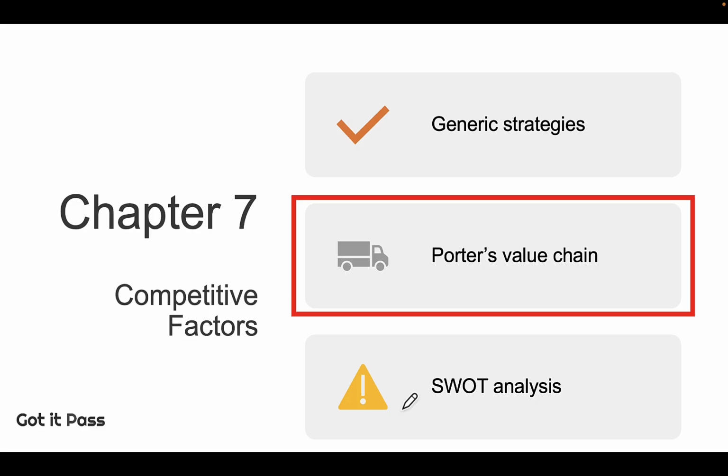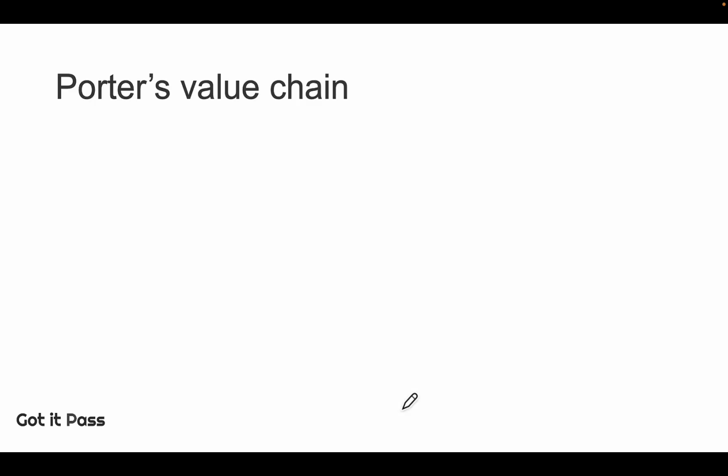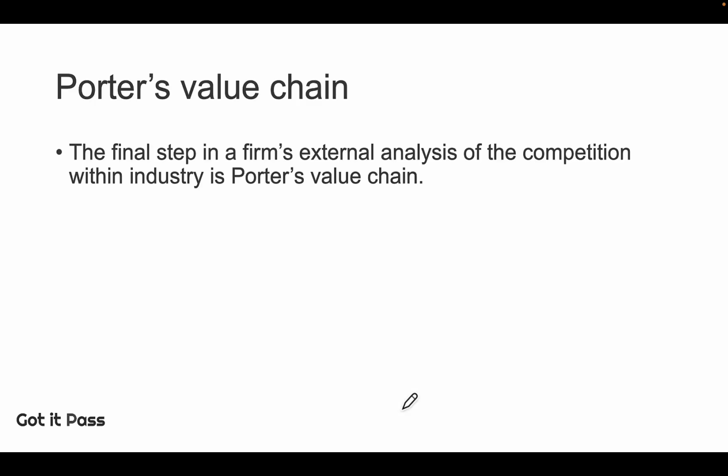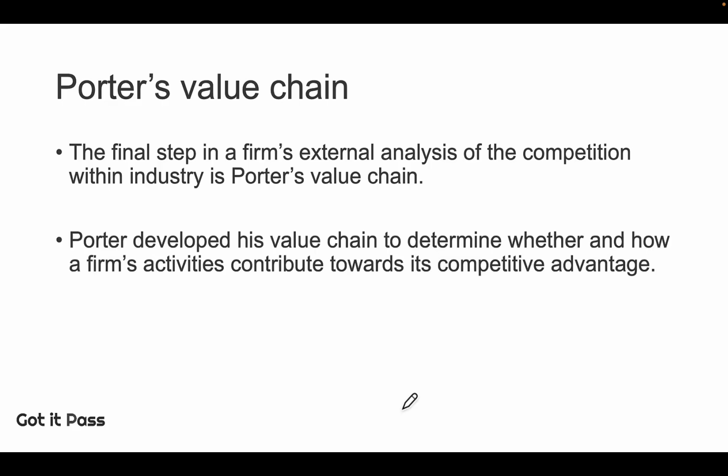So after talking about the generic strategies, now we move on to Porter's value chain. Porter's value chain is the final step in a firm's external analysis of the competition within the industry. Porter developed his value chain to determine whether and how a firm's activities contribute towards its competitive advantage.